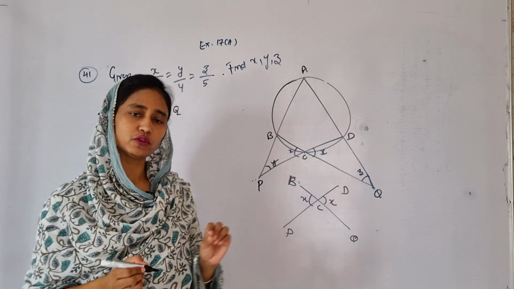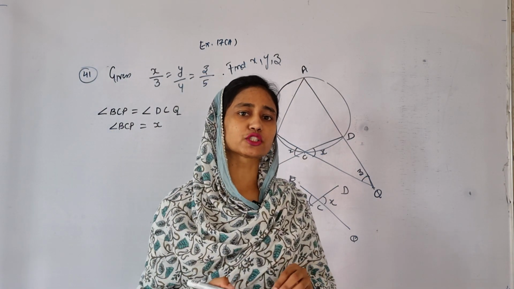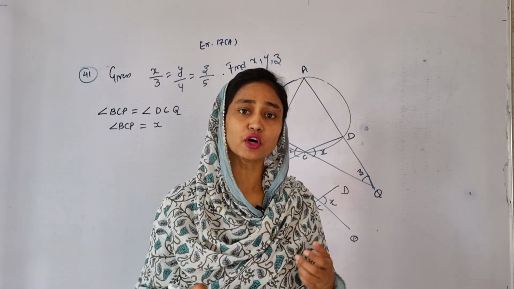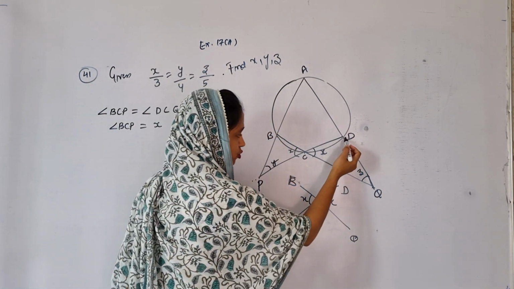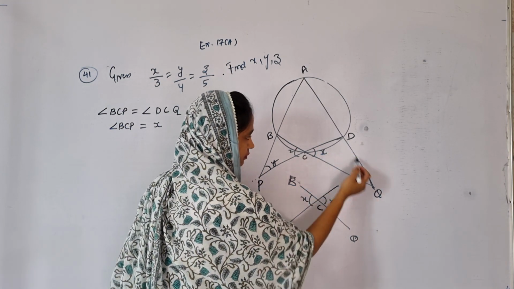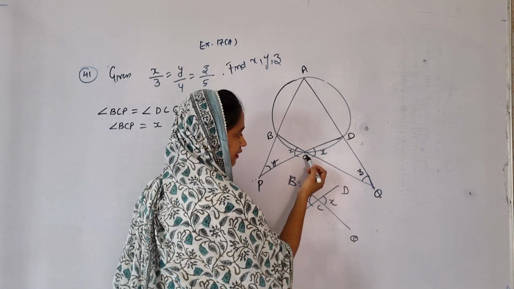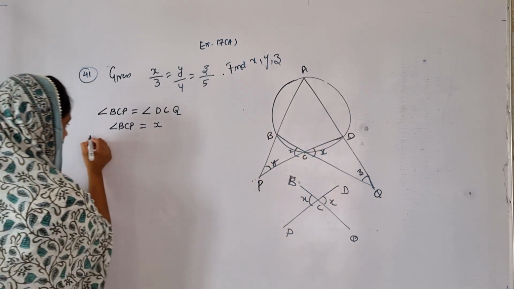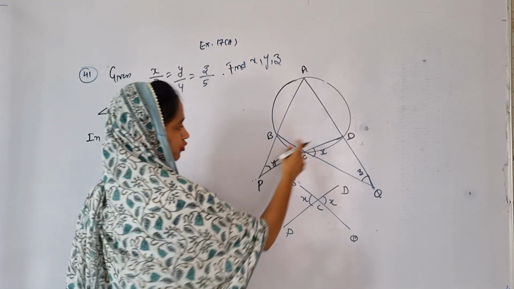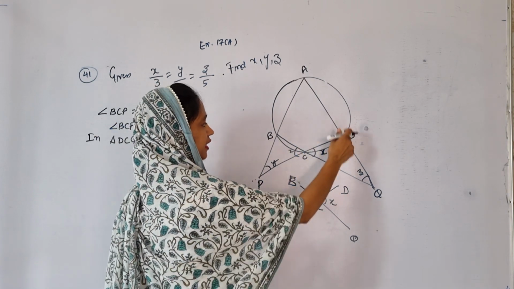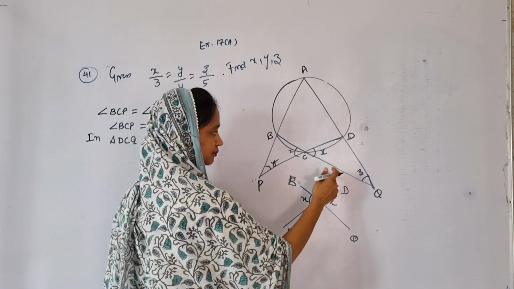Okay, and we know that exterior angle of the triangle is equal to sum of opposite interior angles. Okay, if you will take this triangle DCQ, for this triangle CDA will be exterior angle, na?